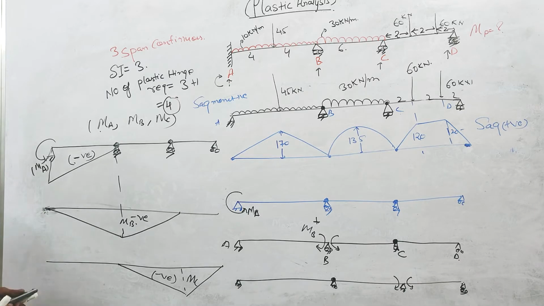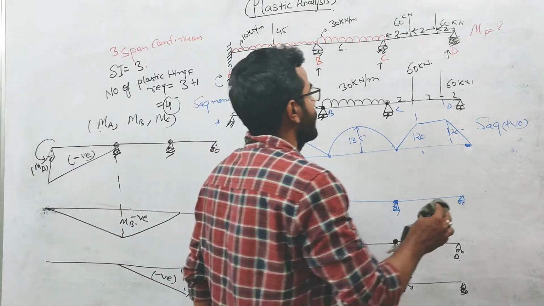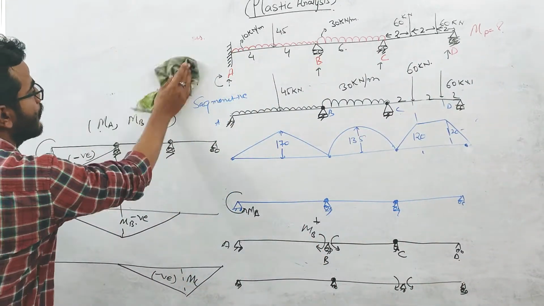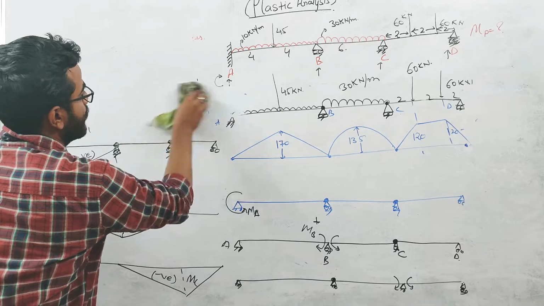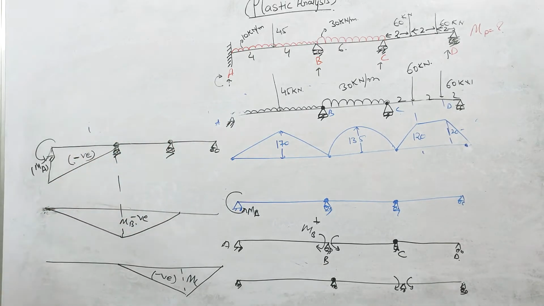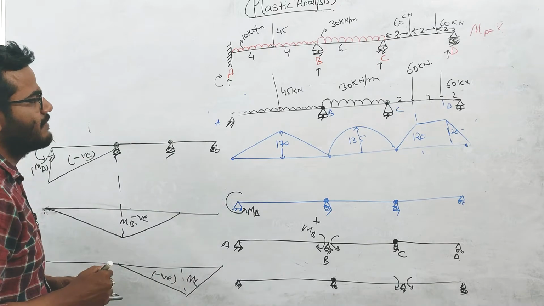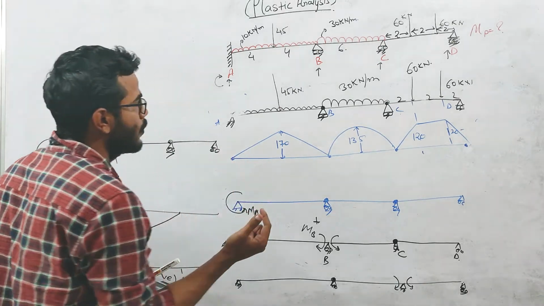Now we will be writing the equilibrium equations. So now let us first consider this AB portion. For the AB portion, the plastic hinge will form if you want to collapse the AB structure.